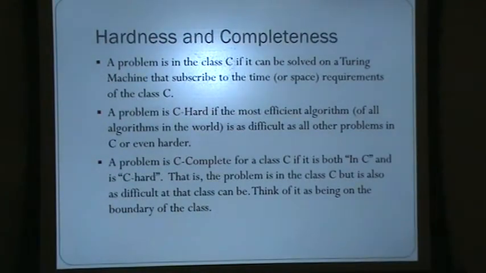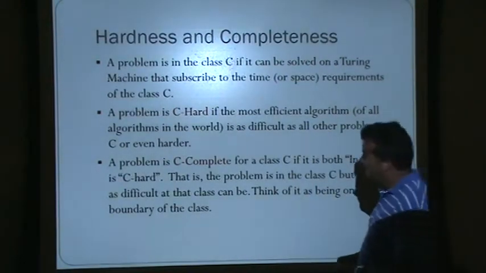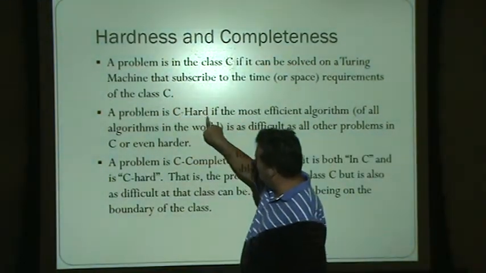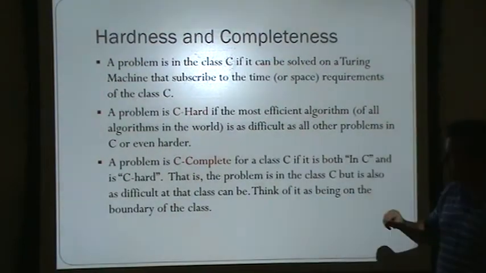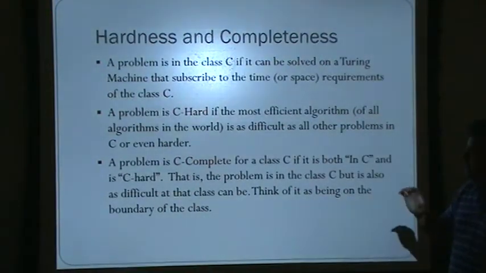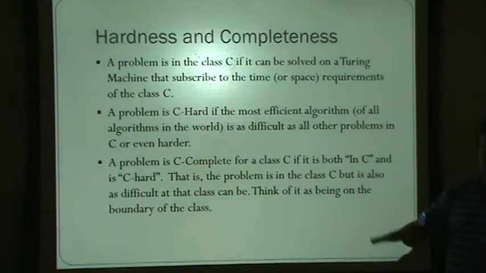So to say that a problem is, for example, linear hard, and you might see it as L-hard, means that problem is as difficult or more difficult than any of the problems that can be solved in linear time.